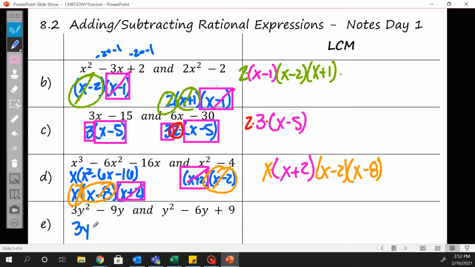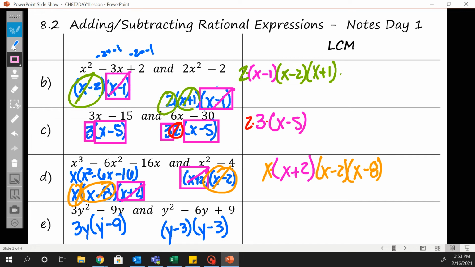All right, for the next one, 3y squared minus 9y. So we can factor out a 3y. That's y minus 3. And y squared minus 6y plus 9, that factors into y minus 3 and y minus 3. So what do they have in common?